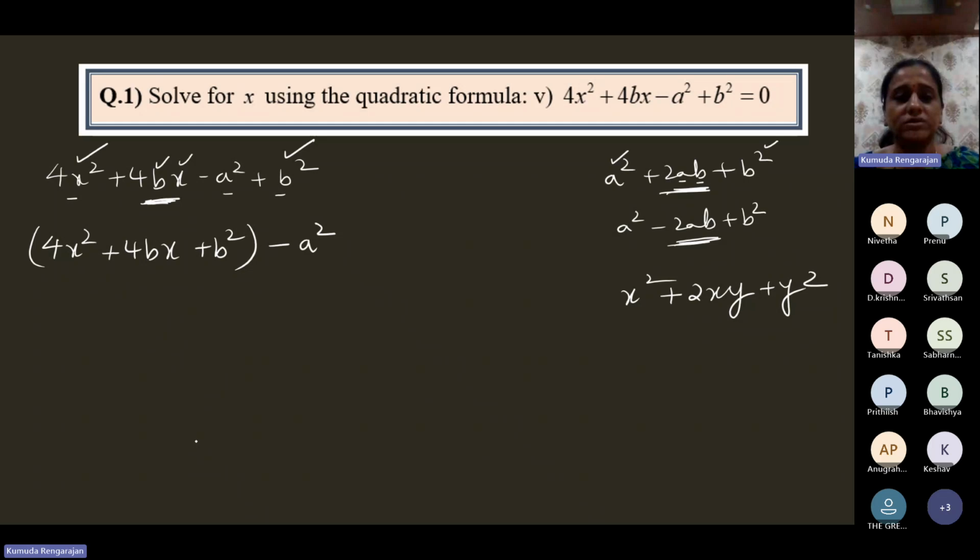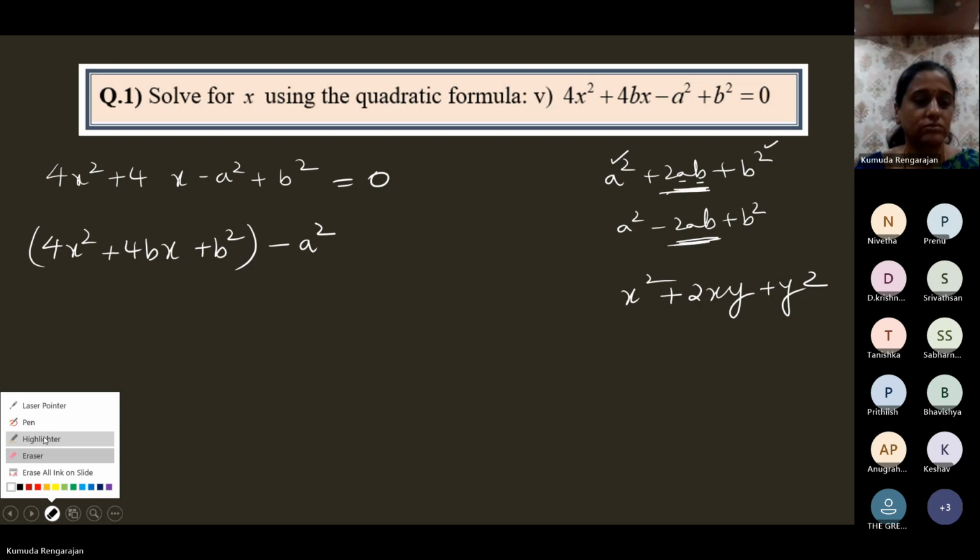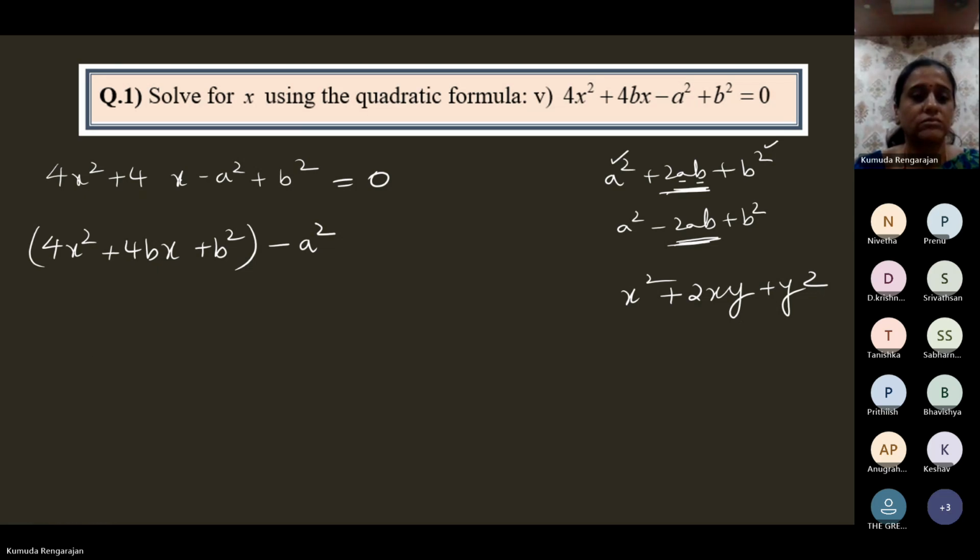There are four terms, of which three terms are perfect squares.